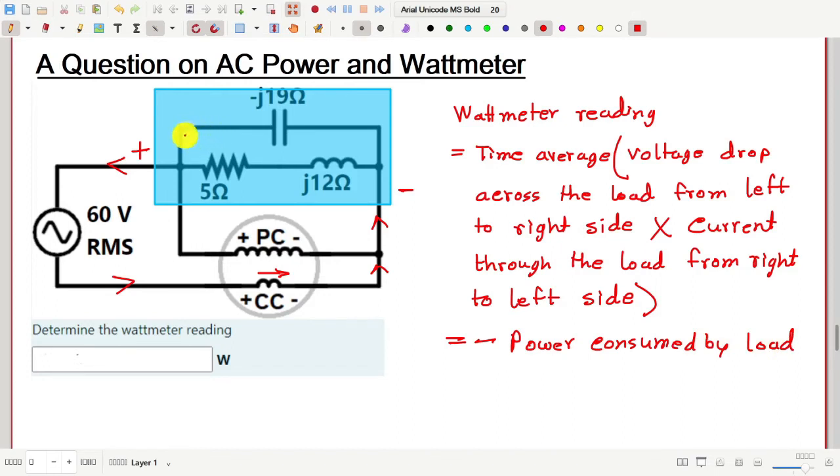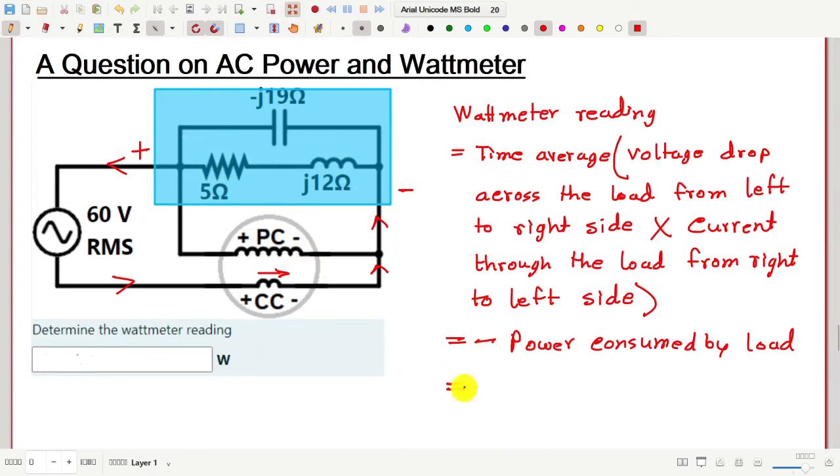Now, how much is the power consumed by this load? Notice this capacitor will not consume any power, neither the inductor can consume any power on an average. So the power consumed by the load is same as the power consumed by this resistor. And how much is that?